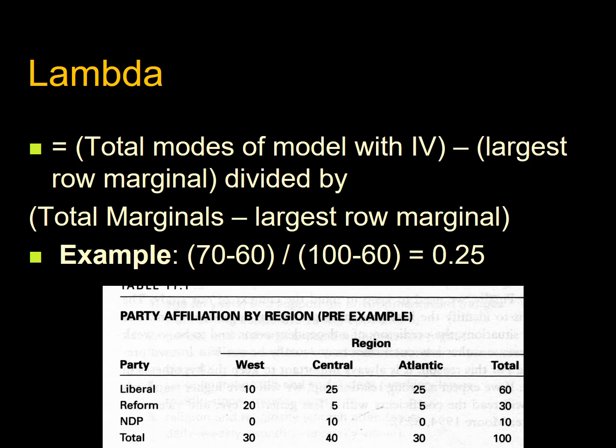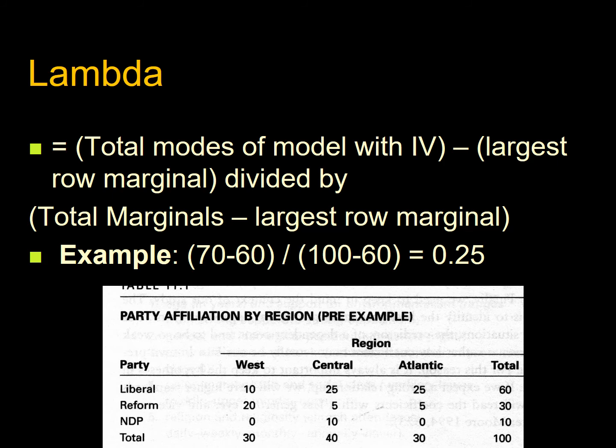So the way to calculate lambda, it's going to be the total modes of the model with the independent variable minus the largest row marginal, divided by the total marginals minus the largest row marginal. Right? So what are the total modes with the independent variable?